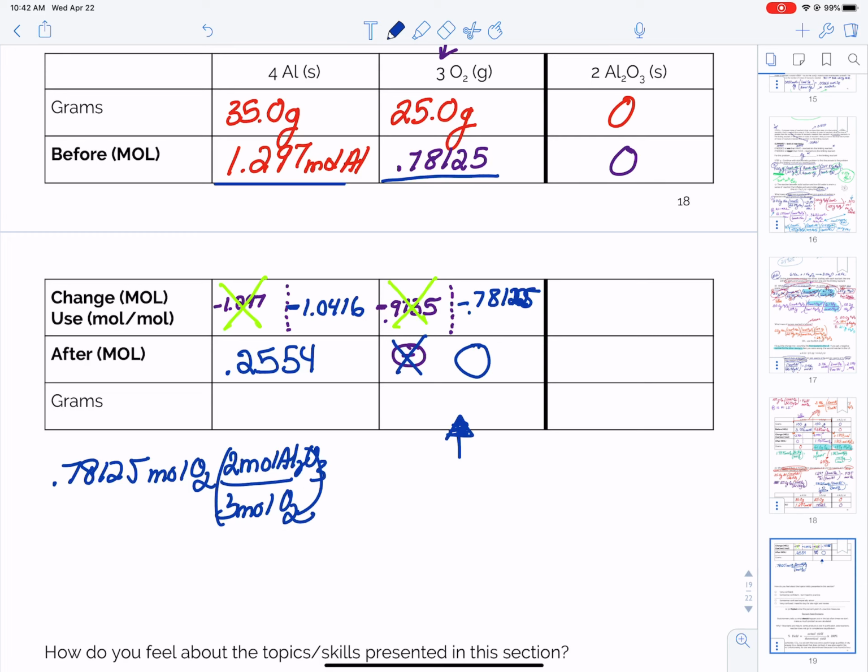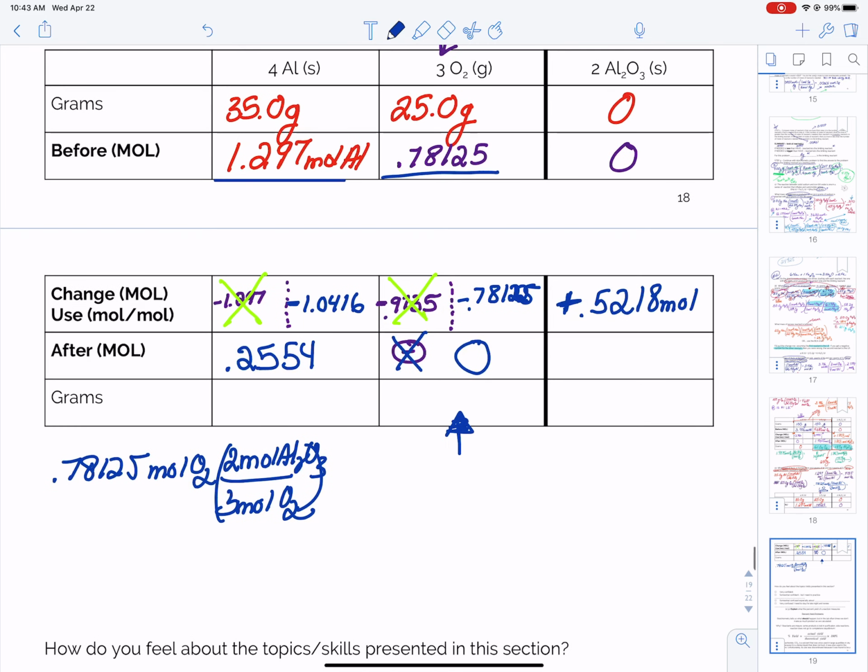What does that number come out to be? 0.5208. So this guy is going to go, again, plus, because it's the other side of the arrow. The other side, it's a product. So 0.5218 moles of Al2O3.